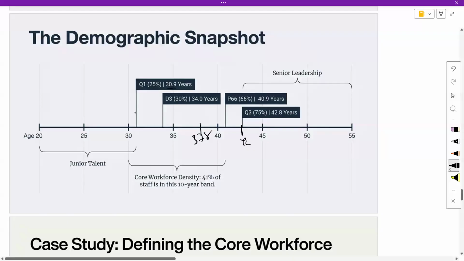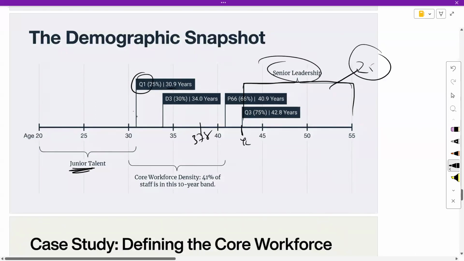So the first 25%, Q1, junior employees, and the top 25%, Q3, senior, the top 25% in age, and the middle age. This is the middle group, the workforce density. So 50% of the employees are between this age and this age.